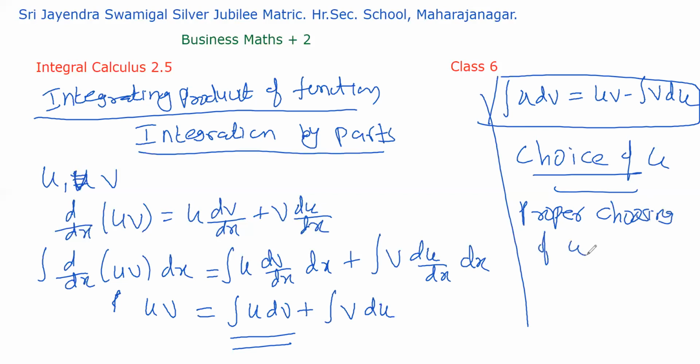So in integration by parts, the formula is integral u dv is equal to uv minus integral v du, and this method is very successful when we have chosen the proper u.